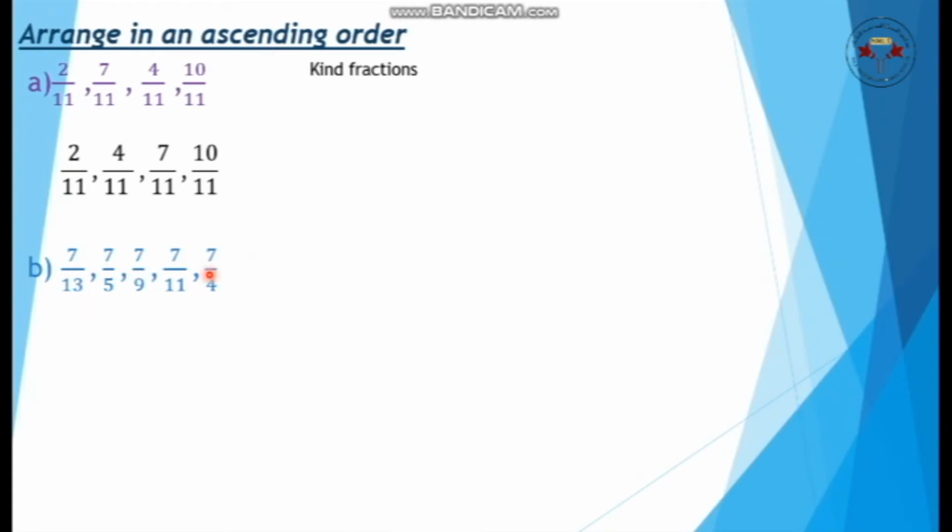As we said, the greater fraction in the crazy fractions is the one that has the smallest denominator. So the first one in the crazy fractions is 7 over 13, then 7 over 11, then 7 over 9, then 7 over 5, then 7 over 4, which is the greatest one, and 7 over 13 is the smallest one. Go next.